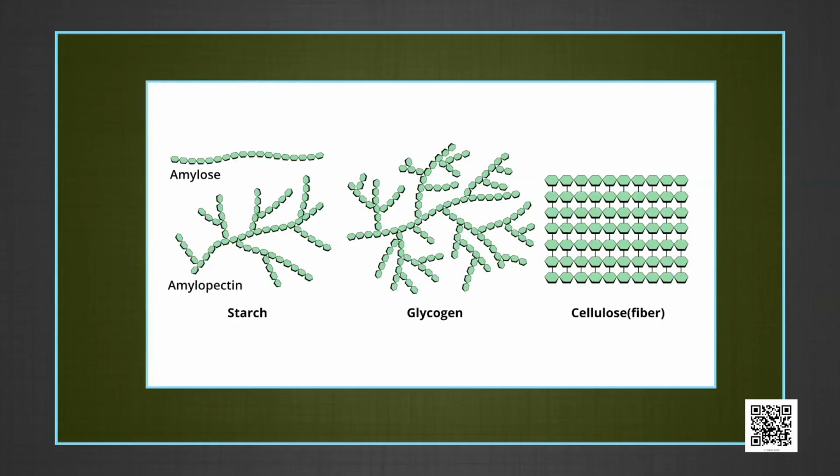Here is a picture describing the basic linear arrangement of chains and branches. In amylose just a chain, amylopectin more branching, in glycogen very compact branching, in cellulose sheet form.